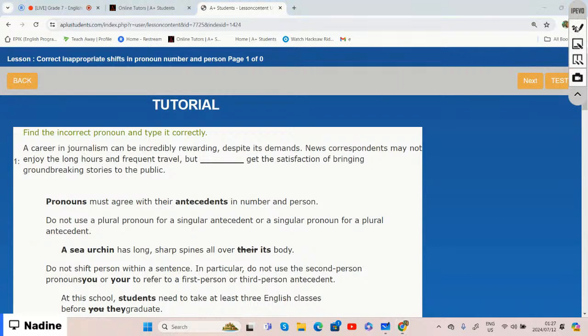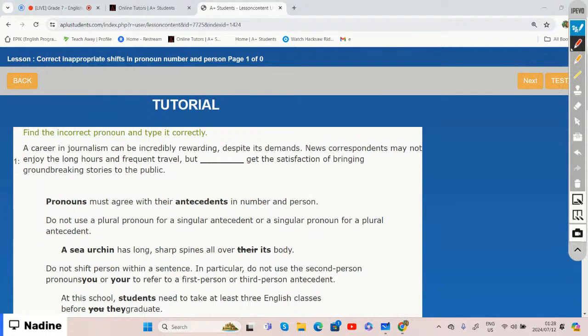And we need to find the correct pronoun that goes hand in hand with the news correspondence. The pronoun that refers to news correspondence. So it says once again, a career in journalism can be incredibly rewarding despite its demands, right?